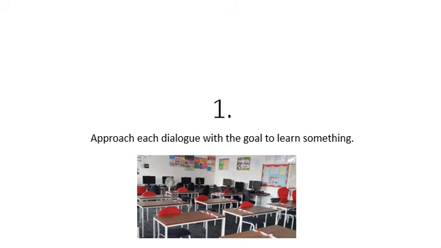And consider each piece. So if you have someone who's delivering a presentation, consider writing down what it is that you need to know from that person. What piece of information are you hoping to get from the conversation or the interaction that you're having?